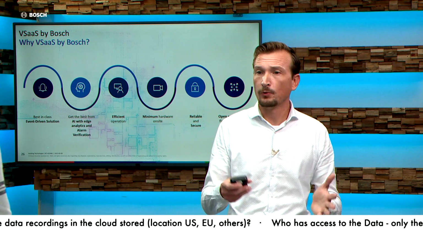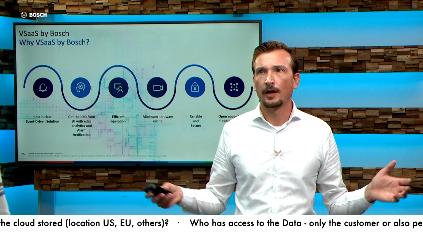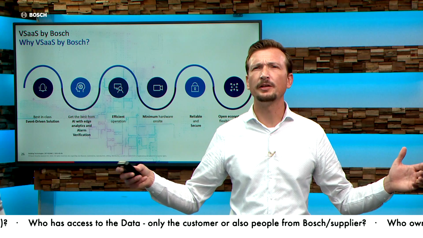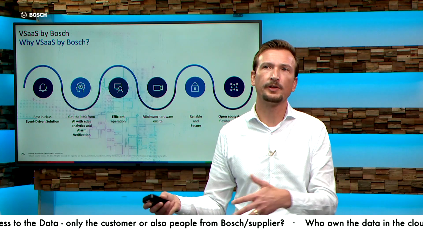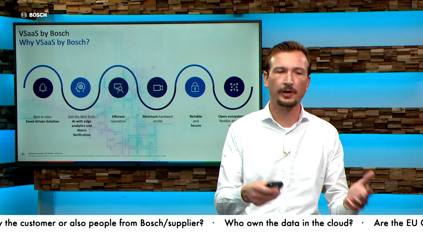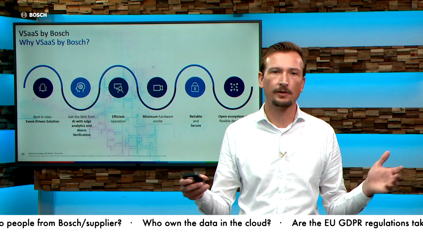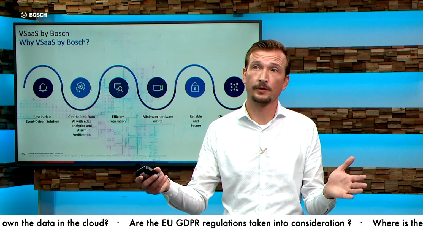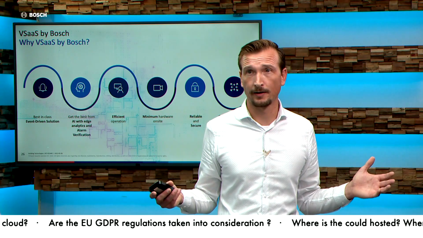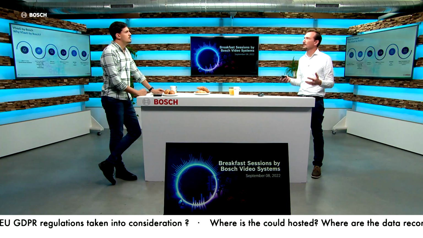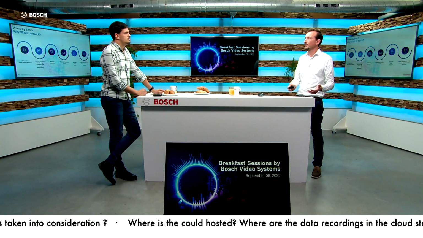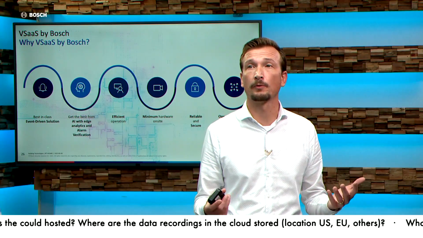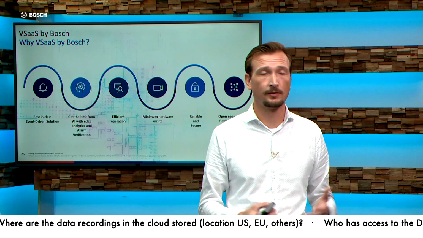But if you have a lot of cameras, say one site with 2,000 cameras, you may see more benefits in going on-premise, because you anyway need servers there, you have a big system, and you already have IT rooms. But if you have 2,000 cameras spread over 100 sites, that's 20 cameras per site, and the site is not big enough to justify more equipment there. For that kind of project profile, VSaaS could really fit.